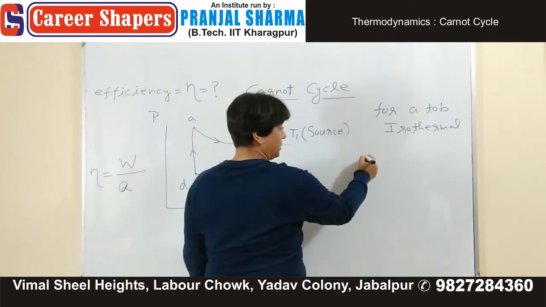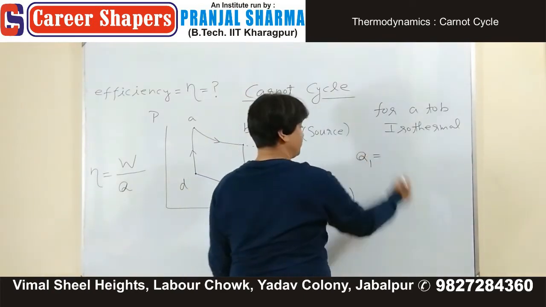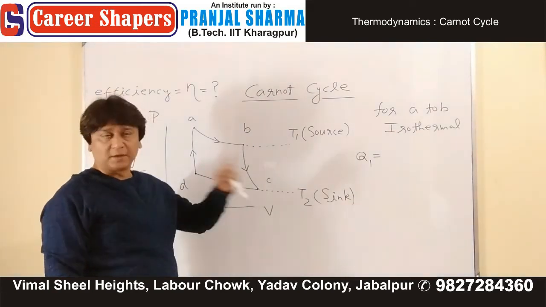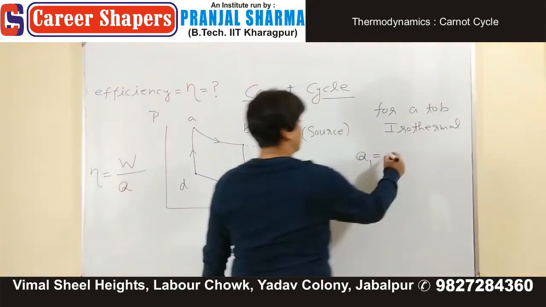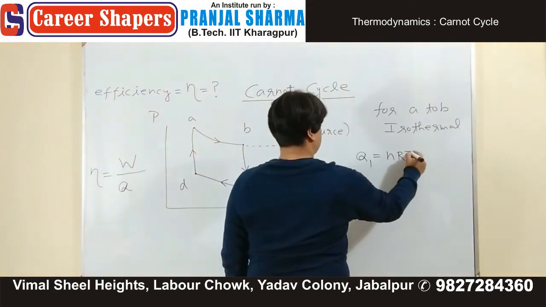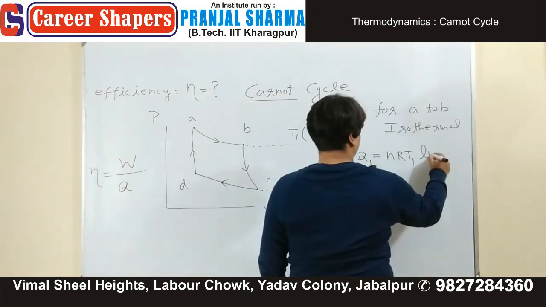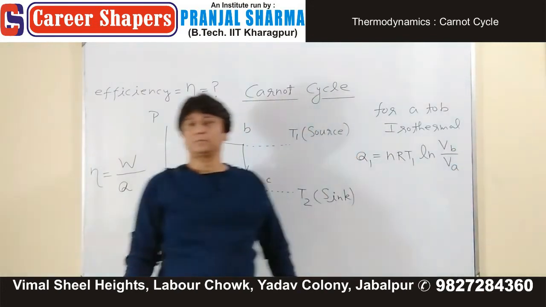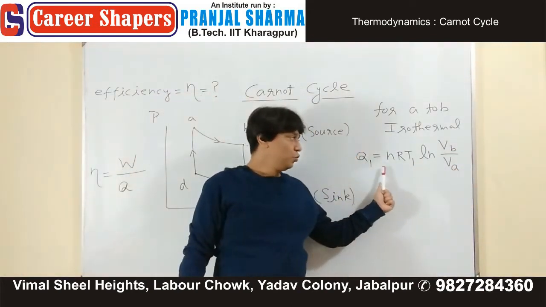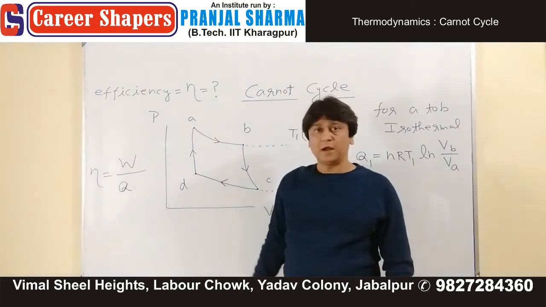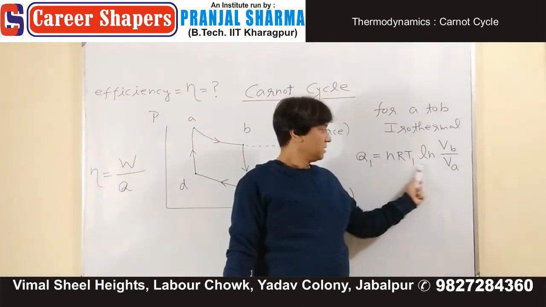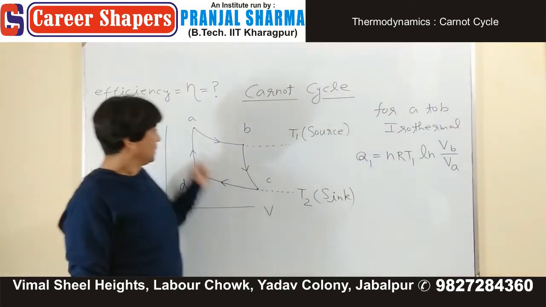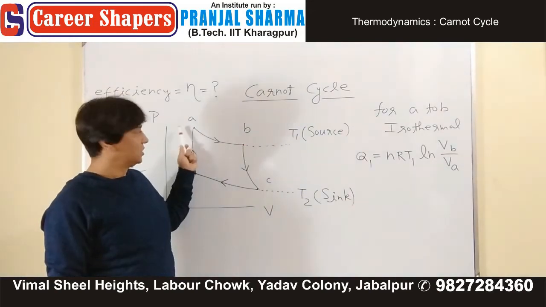If we need heat supplied Q1, then this heat supplied will be nRT1 log VB upon VA. Q1 is nRT log V final, A to B. This is final and this is initial.